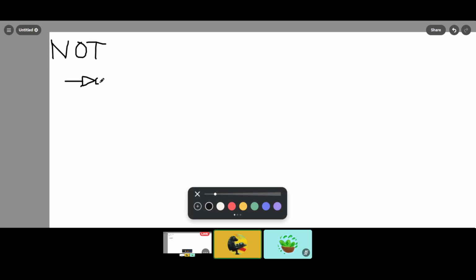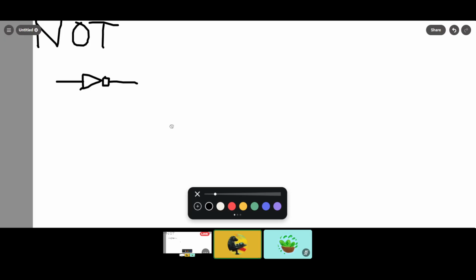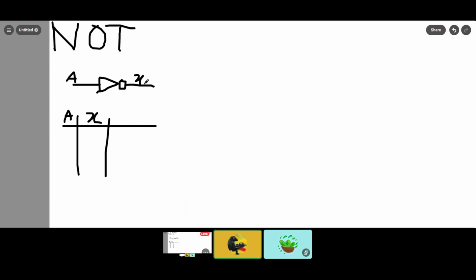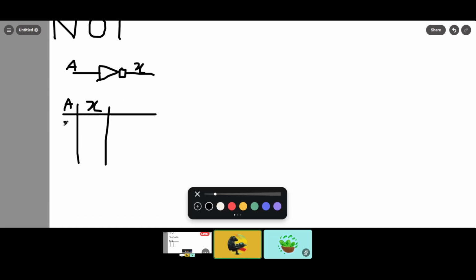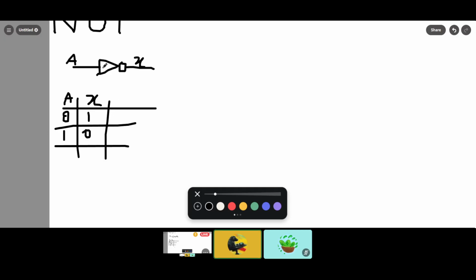The symbol looks like this, and there's 1 output. The truth table for this logic gate is as such, where the output is simply the inverse of the input. So if A is 0, then X is 1, and vice versa.